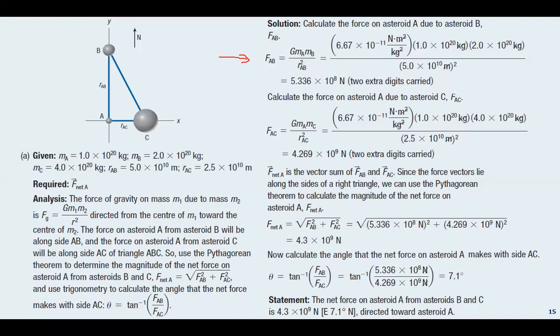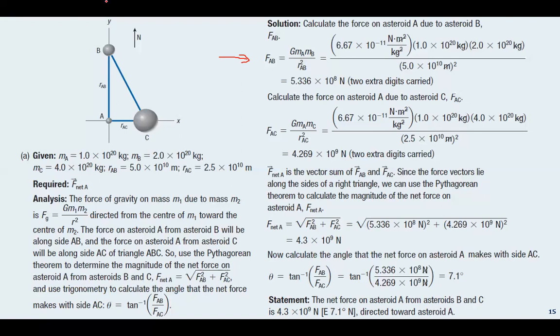Then, using the universal law of gravitation, we calculate the magnitude of the gravitational force between asteroid B and C. So FBC equals G MB MC over RBC squared. Again, put all the values in. We have the magnitude of FBC is approximately 1.7 times 10 raised to the power of 9 newtons.